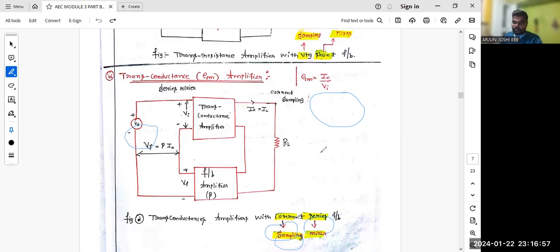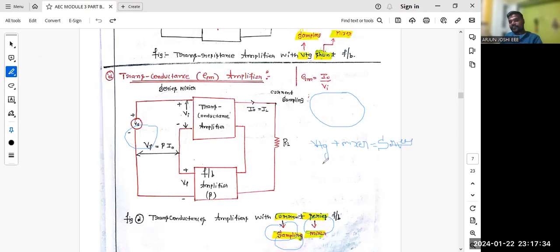Here we need to understand one thing. In the voltage amplifier, when we measure voltage in the mixer side, we need to connect it in the form of series.